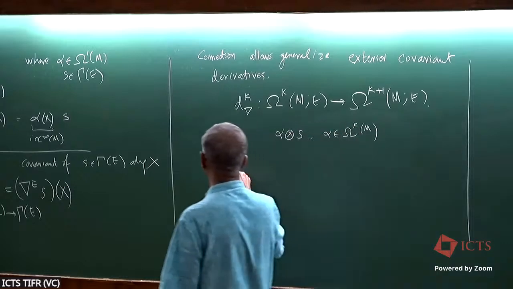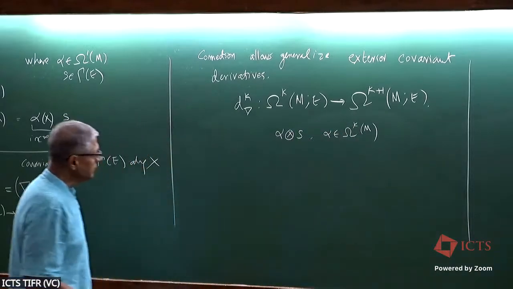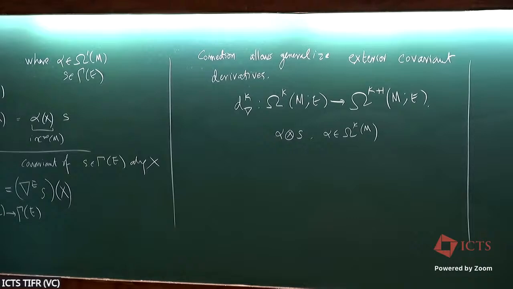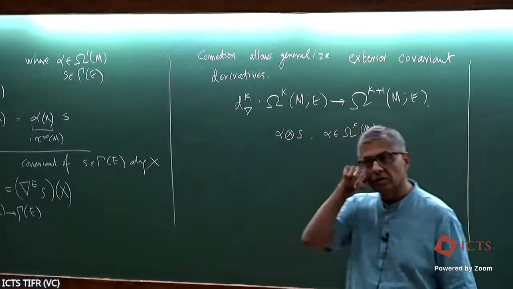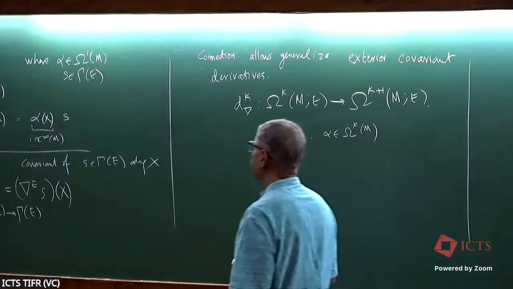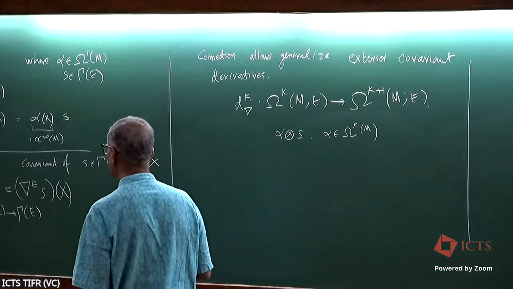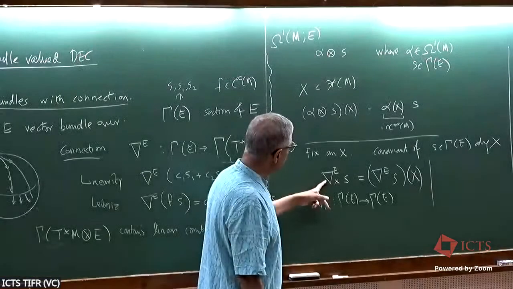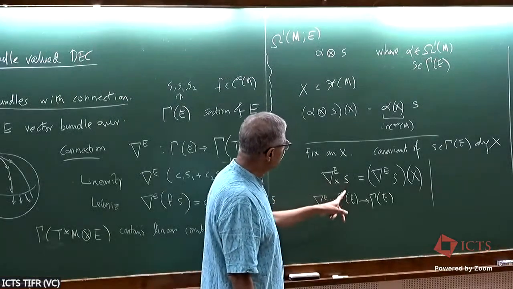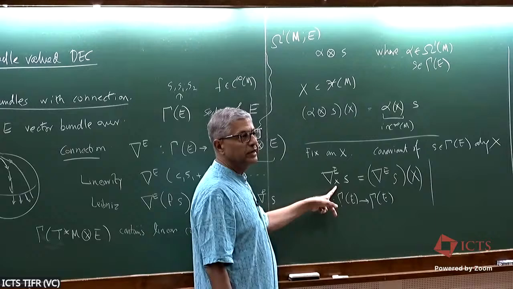And so this D nabla should have, again, linearity and Leibniz. Everything is defined axiomatically like that. So it should be linear and should have Leibniz. By the way, I should point out one thing here: this guy has Leibniz in this slot and C infinity linearity in this.